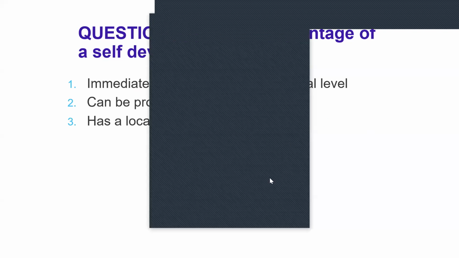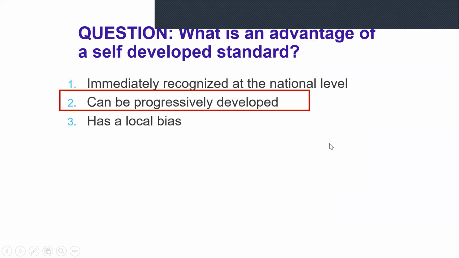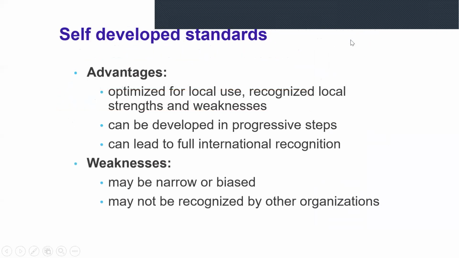So yes, that's the correct answer. They're progressively developed, and they're a nice segue to later becoming adopted. Okay, so self-developed standards have advantages and they have weaknesses, like everything in life.